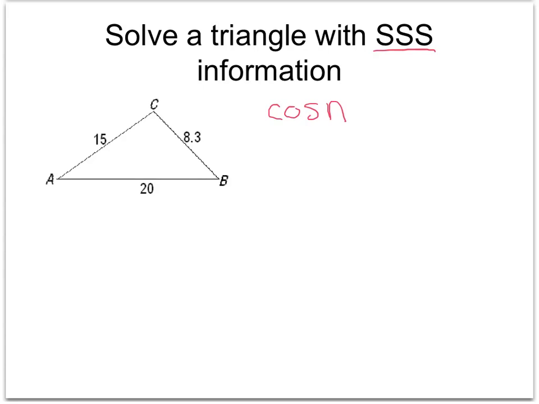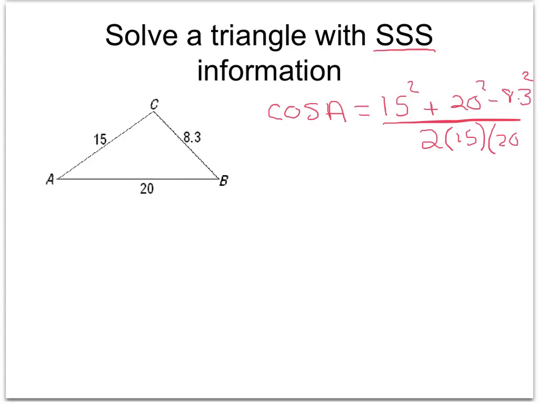Cosine of A is equal to B squared plus C squared minus A squared all over 2 times B times C. Again, you'll be given the formula, so just have to plug it in and then type it right in your calculator.